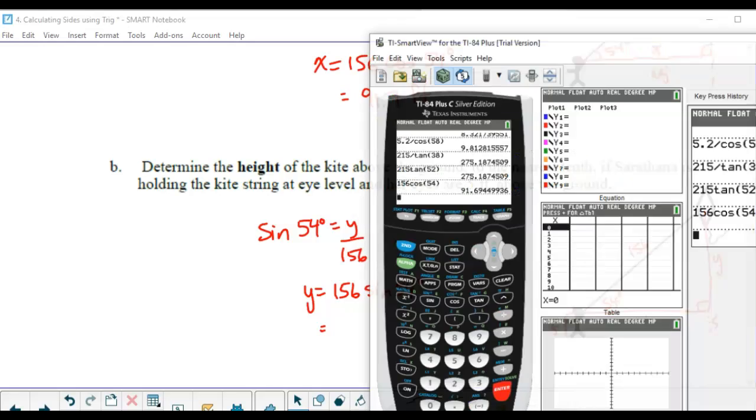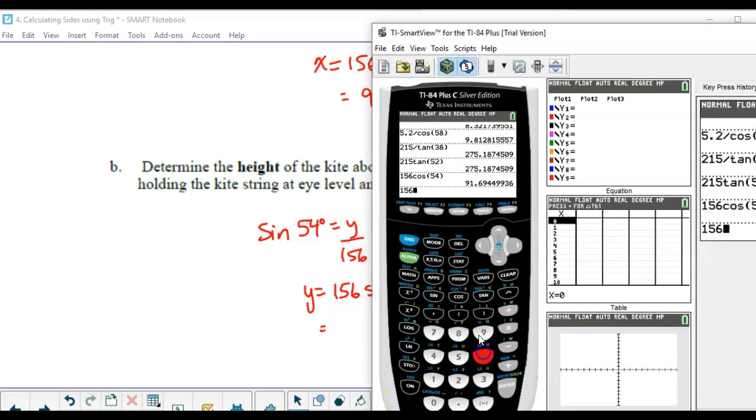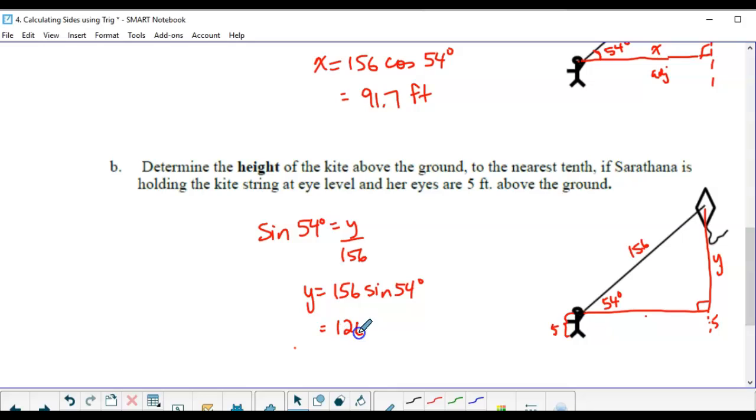Okay, so 156 sine of 54 is 126.2, and that is feet.